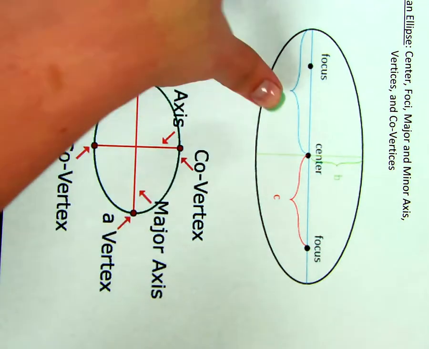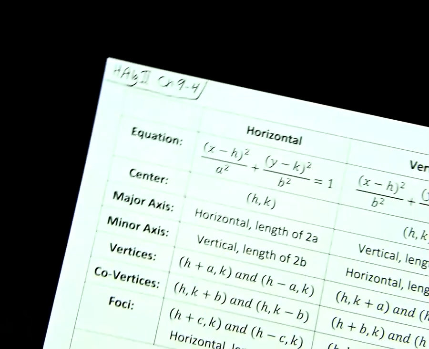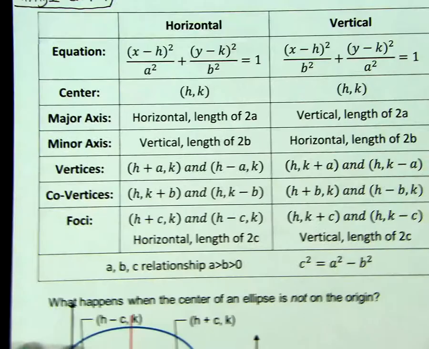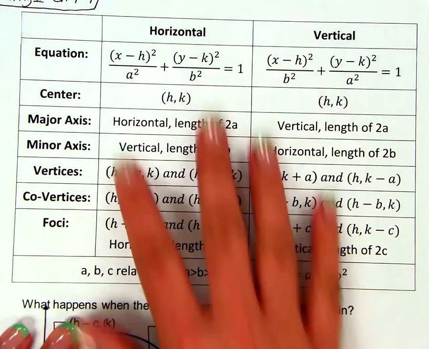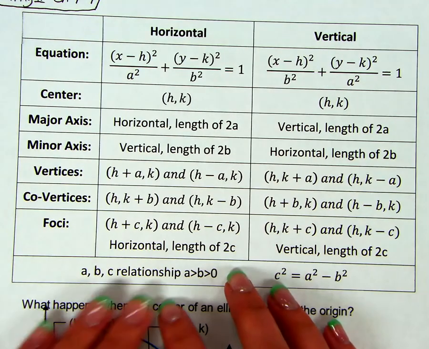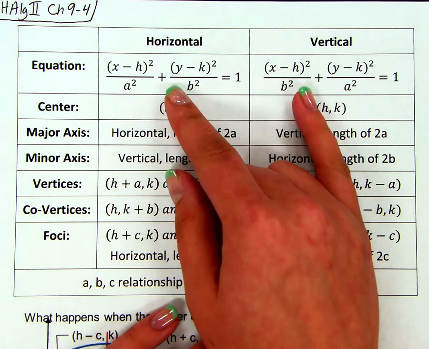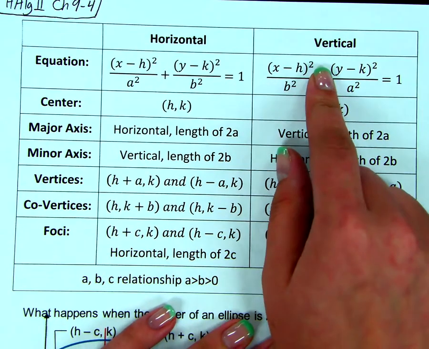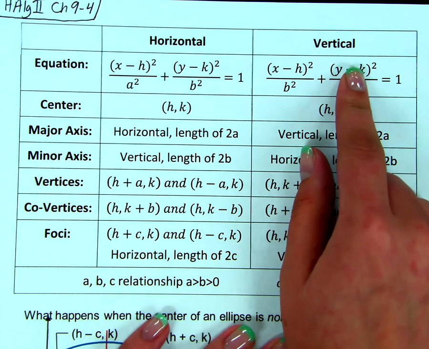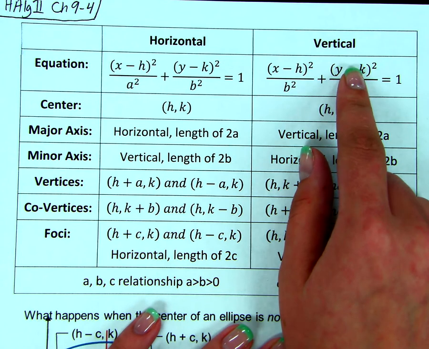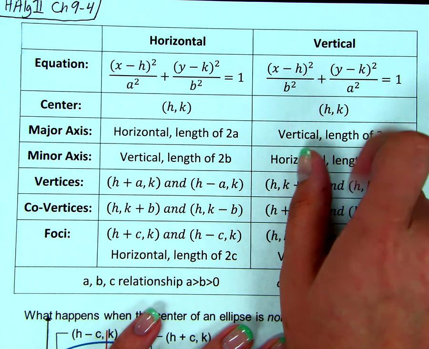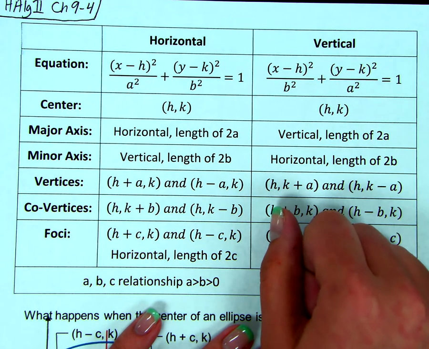Here are all of those general equations that we just talked about. All of this information came from that picture that I just showed you. Here are the general equations, one for horizontal, one for vertical. When we're looking at these, what we really need to take away is how to tell if it's horizontal or vertical from the equation.